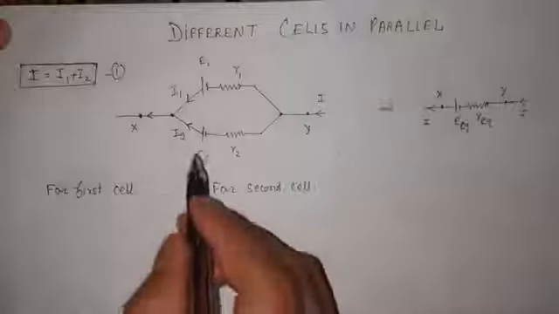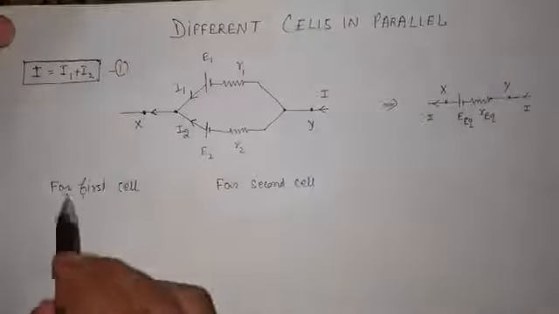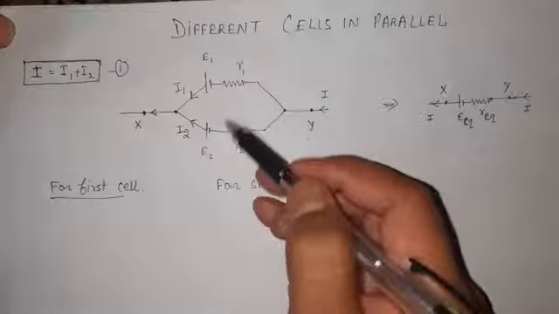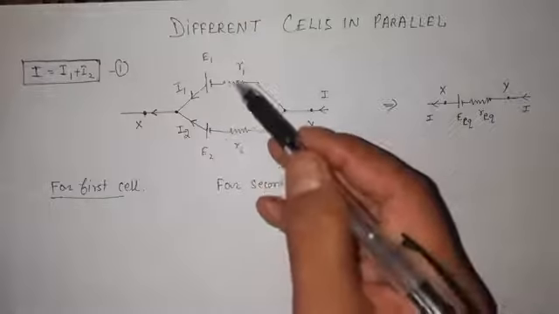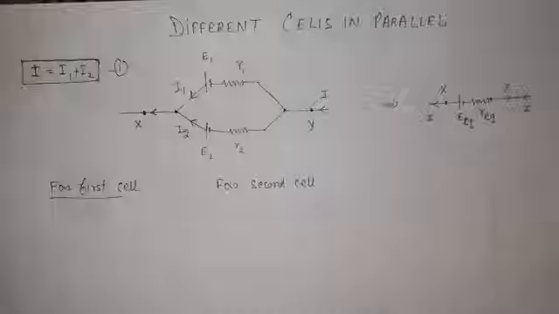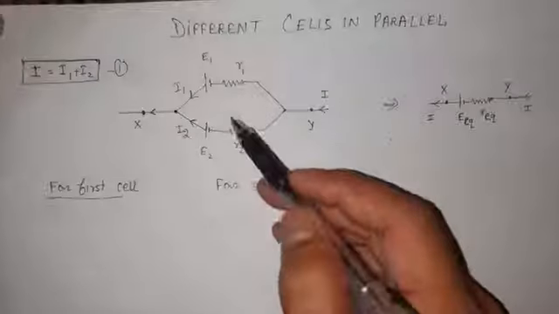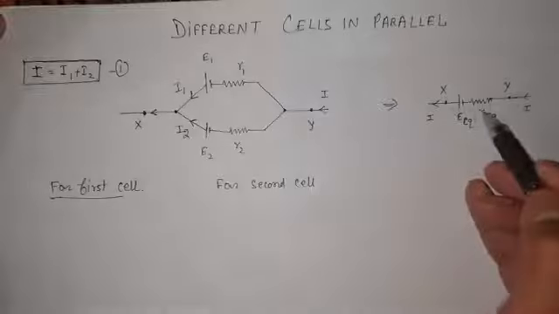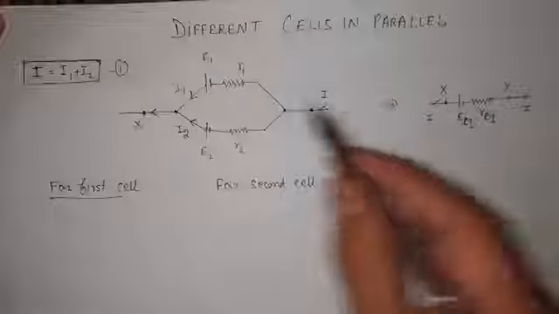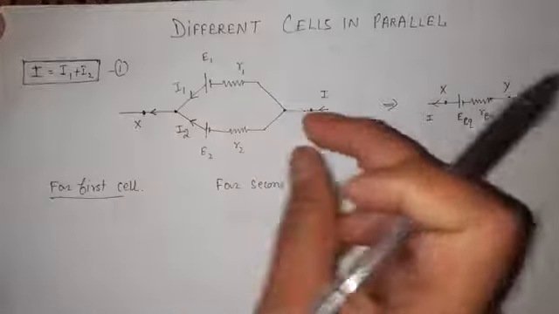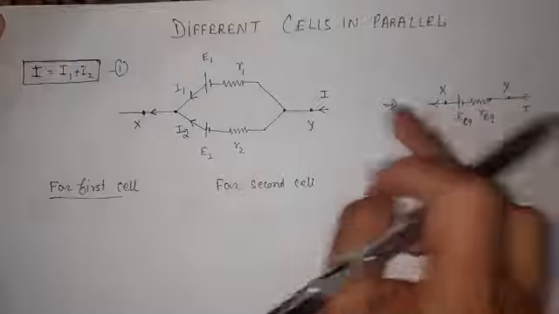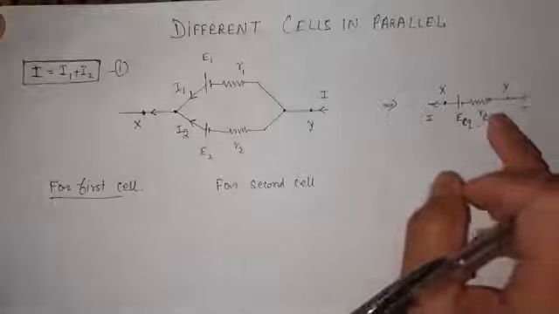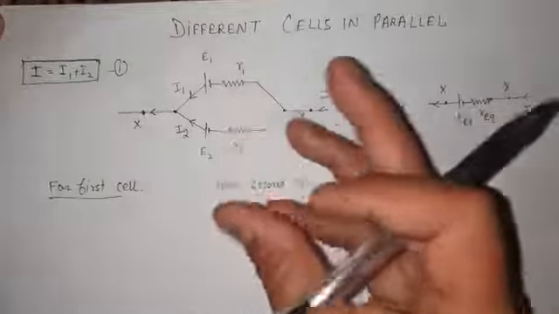Okay, now what I want to do is replace these two cells. Initially I am going to consider these two cells, thereafter we can do it for n cells. तो मैं क्या करना चाह रहा हूँ, if I want to replace them with a single cell. ठीक है, तो इस x और y के बीच में मुझे एक सिंगल सेल यूज करना है जिसकी ईएमएफ इस कॉम्बिनेशन के इक्विवेलेंट हो, और जिसका इंटरनल रेजिस्टेंस इन दोनों के इक्विवेलेंट रहे.